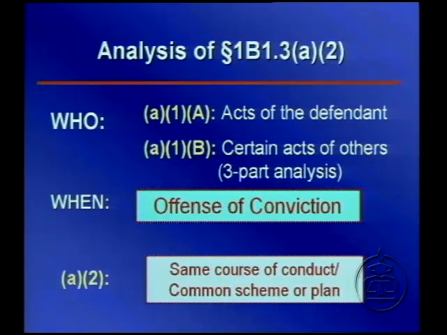Because sometimes people like to just jump to, well, is it part of 1B1.3(a)(2)? When oftentimes those acts may fall under 1B1.3(a)(1)(A) and (B). It's very important to go through the analysis correctly.